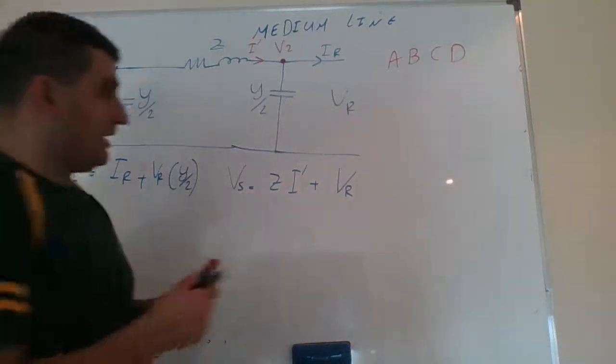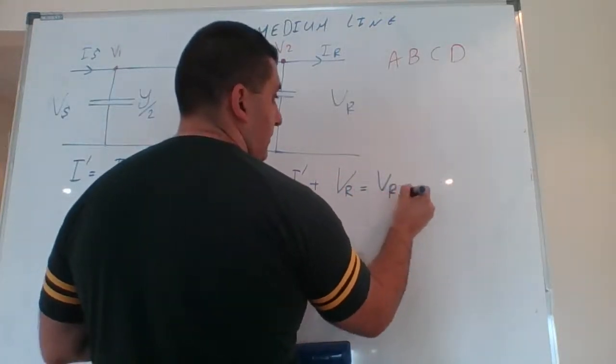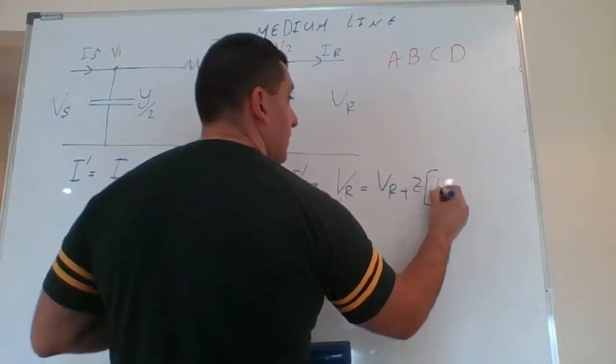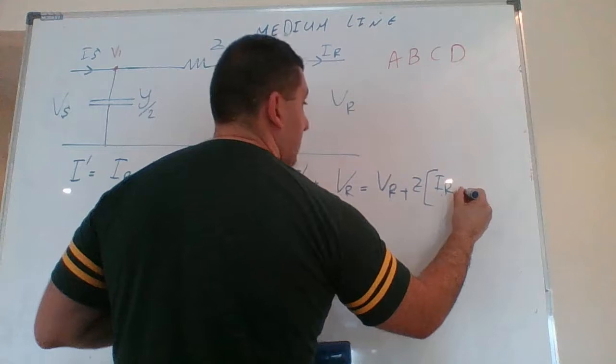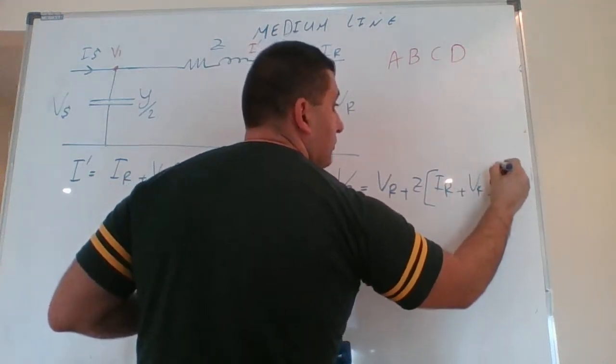So now I have Vs equal to Vr plus Z multiplied by IR plus VR Y over 2.